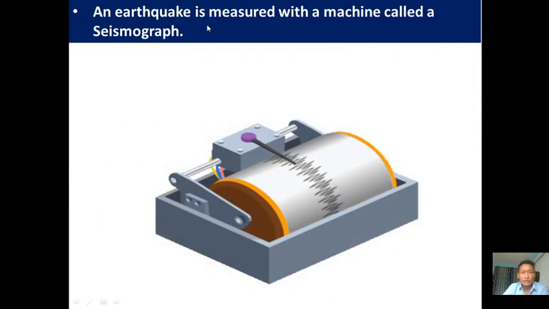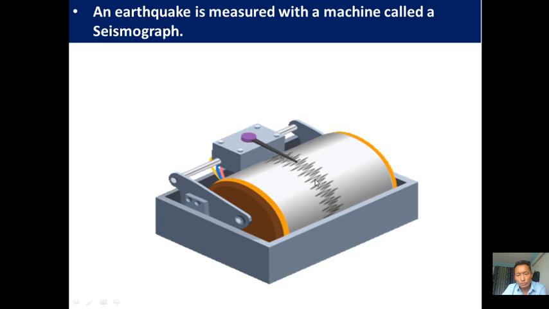An earthquake is measured by a machine. The intensity of an earthquake is measured by a machine called a seismograph. This seismograph records the earthquake intensity. These are the wavelengths. When the earth shakes, this arrow records the wavelength here.